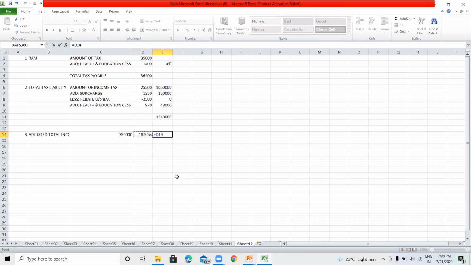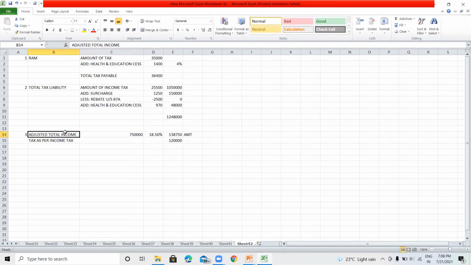So the tax will be 1,38,750, and this is the AMT. And the tax as per income tax, for example, is 1,20,000. Then such AMT will be considered the income.